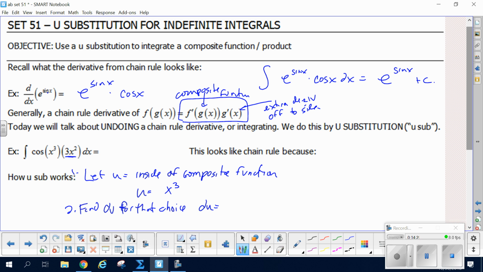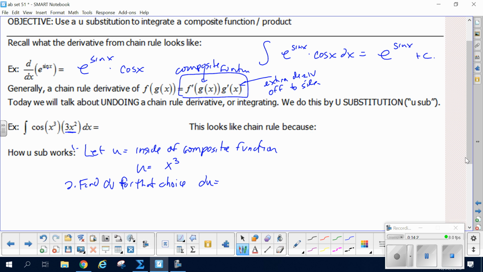If u is x cubed, let's actually go du dx is, what's the derivative of that function with respect to x? 3x squared, which du then, if I move the dx over, would be 3x squared dx. Are you with me? All right, now at this point you're thinking, okay, I'm doing a lot of symbol stuff. Now the idea is that you substitute in for everything in the original problem.